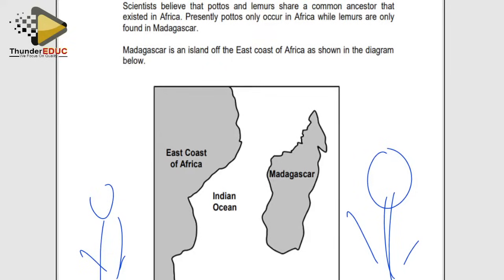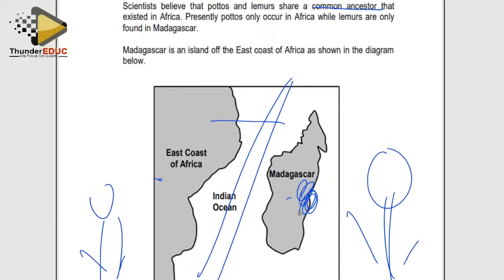It means that there was a common ancestor somewhere. So they are separated by the sea due to continental drift. And then what happened to them? These two are not able to interbreed, meaning that there is no gene flow. They experience different environmental conditions from here and from here. So natural selection occurred differently. If what is happening here is not what's happening here, and they are not interbreeding, then natural selection occurs independently, and they are going to become genotypically and phenotypically different.